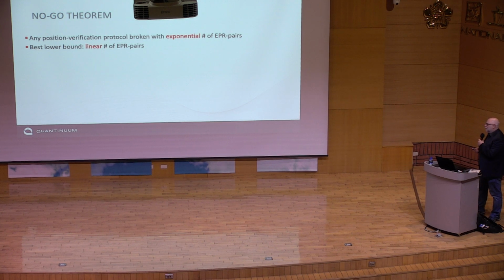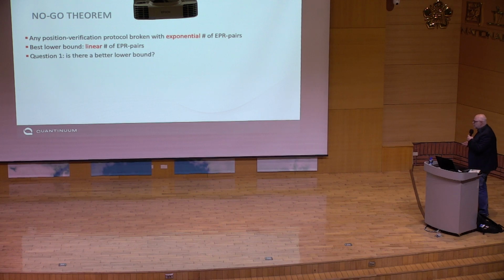So any position verification protocol can be broken with an exponential number of qubits, but the best lower bound is linear. So the question is, is there a better lower bound than linear, or is this exponential upper bound sort of the optimal thing? And this is a huge gap between the two. So this is very interesting.